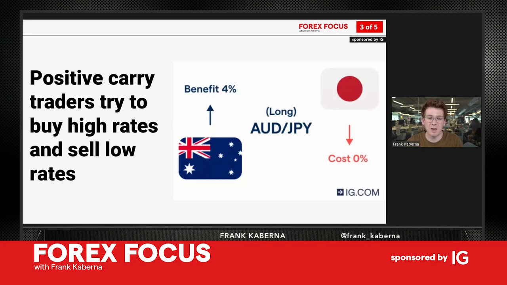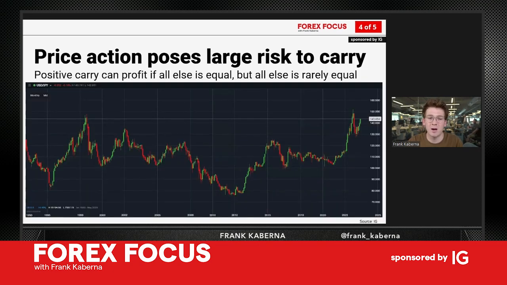So here again, positive carry traders try to buy that higher rate, in this example 4%, and sell that lower rate, in this example 0%, and all else equal that would create an overnight profit, similar to stocks and dividends.